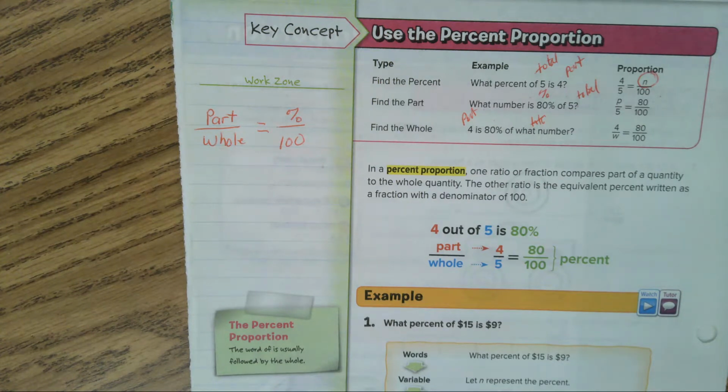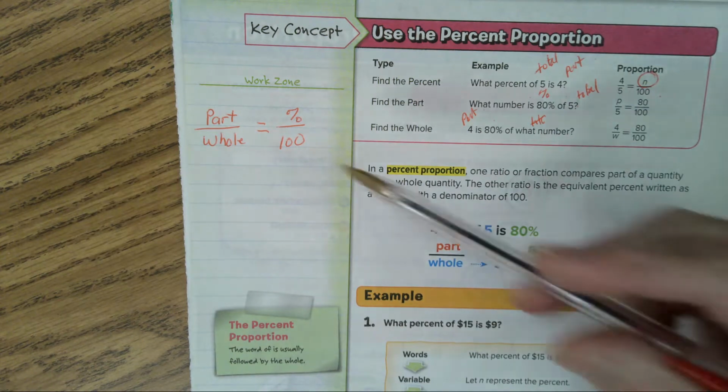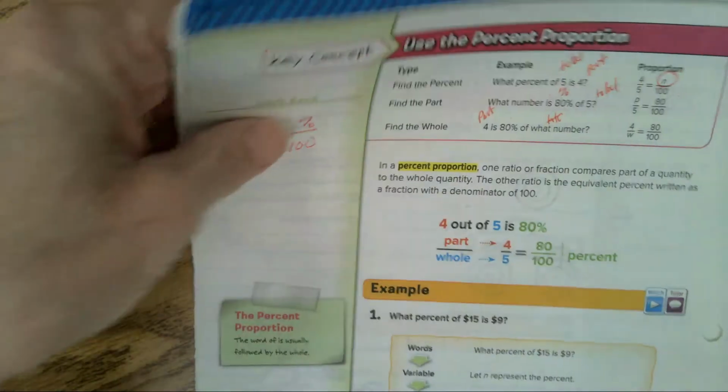Now in a percent proportion, one ratio or fraction compares part of a quantity to the whole quantity. The other ratio is the equivalent percent written as a fraction with a denominator of 100. So we've already written this down over here. Let's look at example 1.